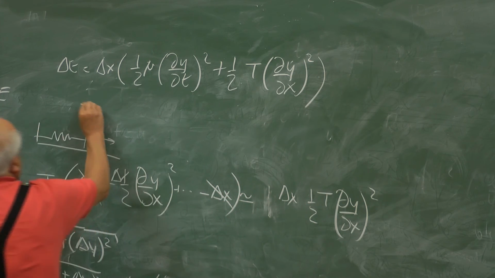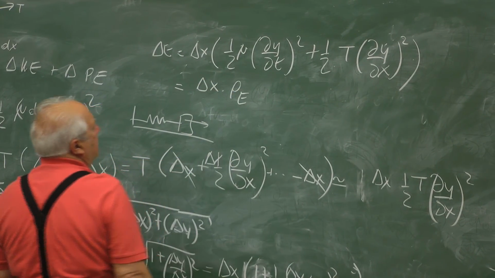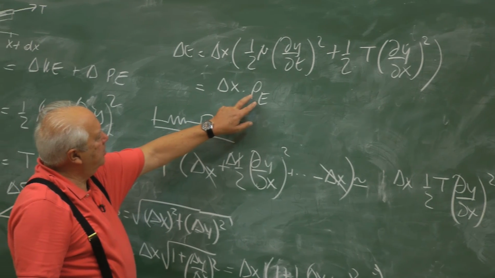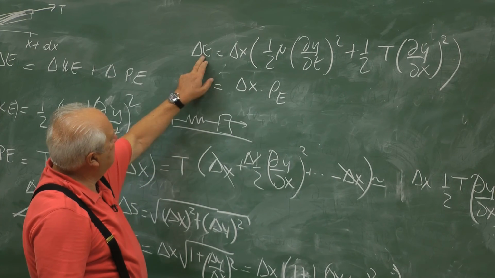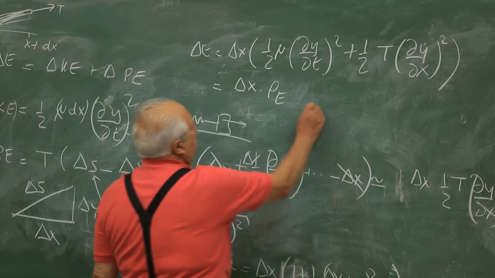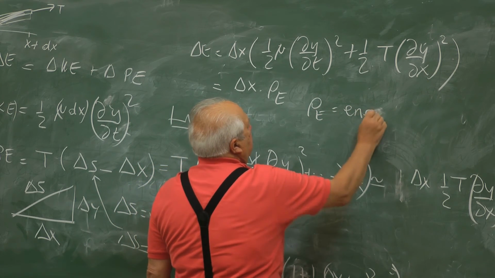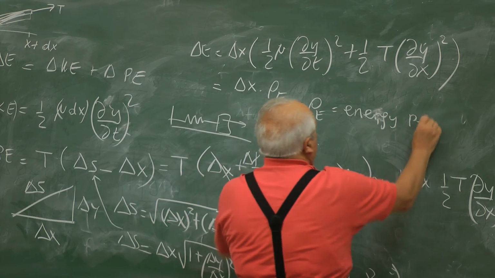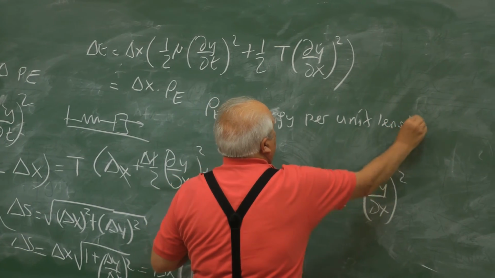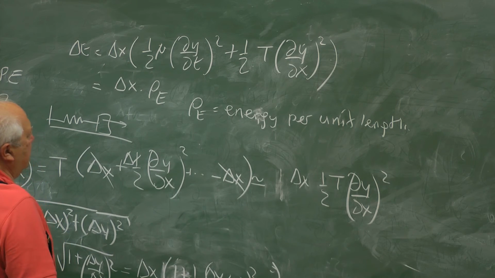which I will write as Δx times ρ_E. So this is the energy density, the energy per unit length. ρ_E is dE/dx. ρ_E is the energy per unit length, so that when you multiply it by Δx, we get the energy.